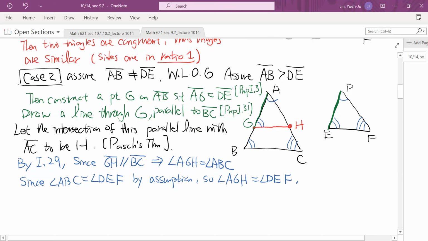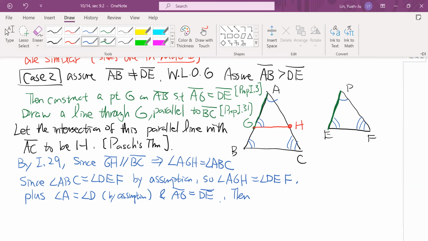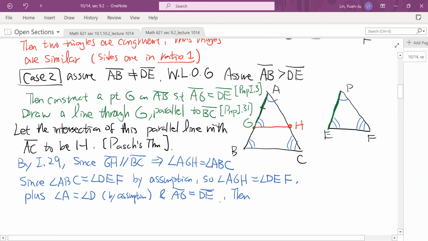Plus we have angle A equal to angle D, also by assumption. And we constructed AG to be equal to DE in the first place. Now you can see that I have AG equal to DE, angle A equals angle D, angle G equals angle E, so we have ASA.